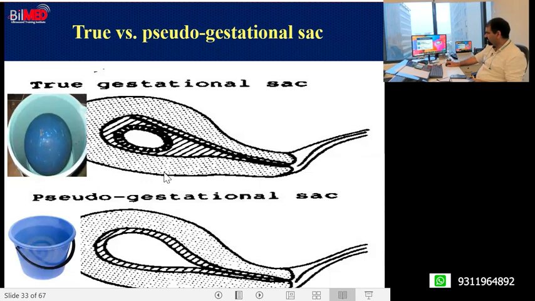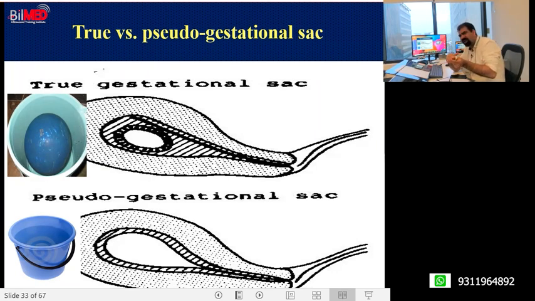Point number two is that this gestational sac will not be in the center. If it is true intrauterine gestation, it will not be in the center. But if I am dealing with the water, where will there be more water? Towards the center or away from the center? Keep in mind the gravitational point also.